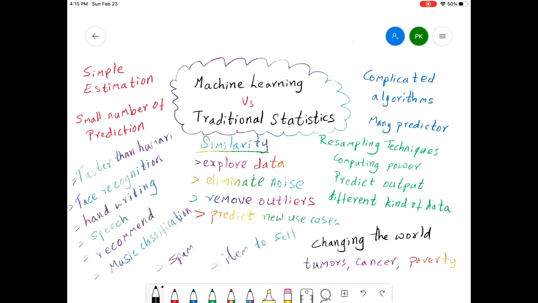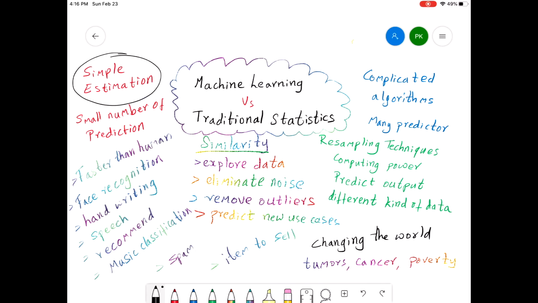Now, talking about the difference between machine learning versus traditional statistics, statistics uses simple estimation procedures for a small number of predictors that are unbiased based on assumptions. To give an example, it's like a linear relationship between independent and dependent variable using linear regression.